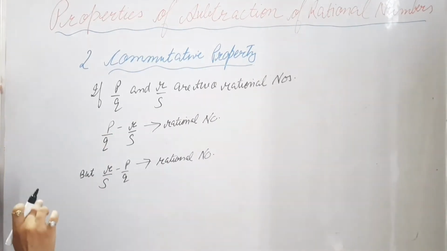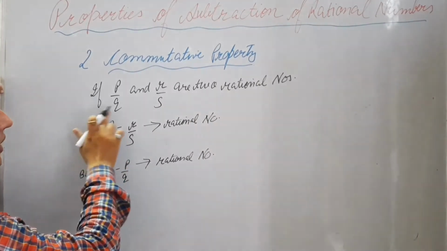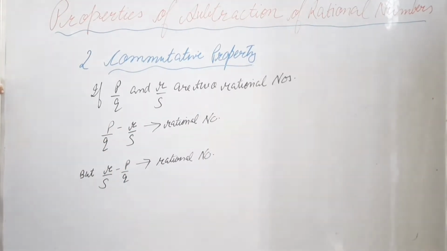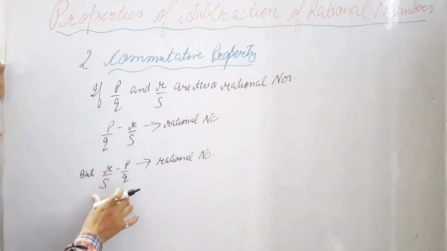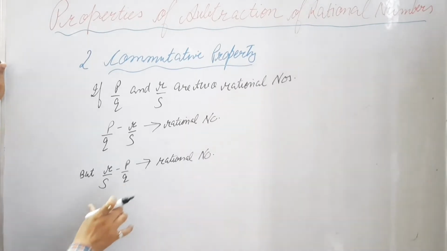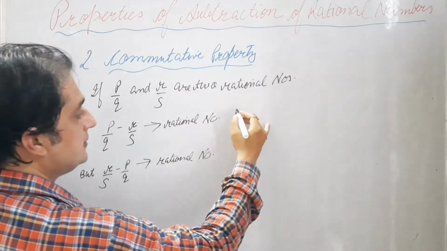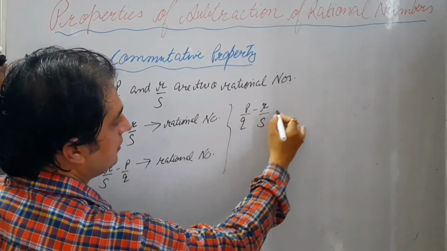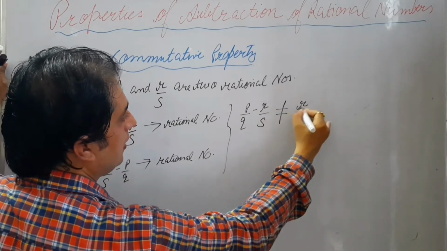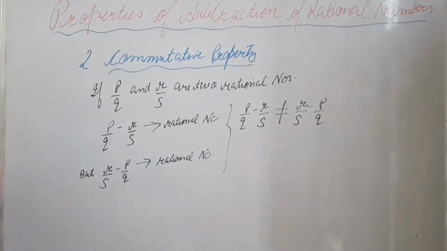But these two values are not the same. For these two rational numbers P by Q and R by S, the difference in this order and in this order does not remain the same. That means P by Q minus R by S is not equal to R by S minus P by Q. The answers in both cases are different.